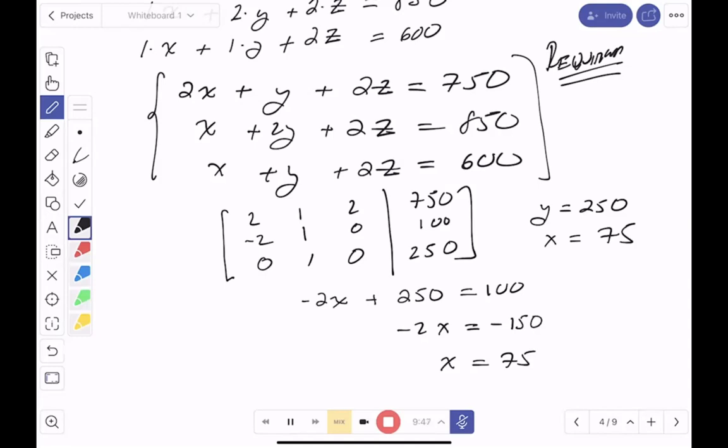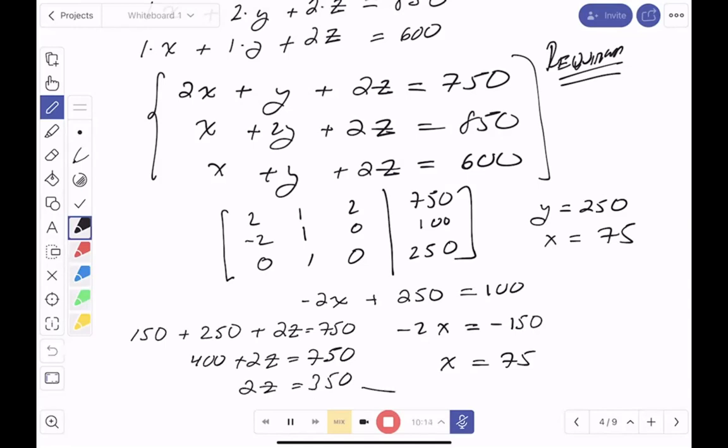We got 2x, which is 150, plus 1y, that's 250, plus 2z is equal to 750. 150 and 250 is 400, plus 2z equals 750. 2z is equal to 350, and z is now going to be equal to 175.